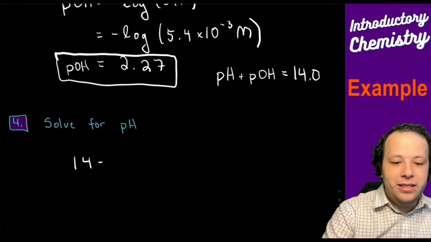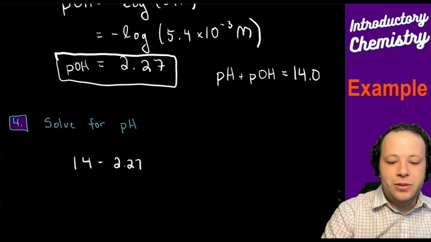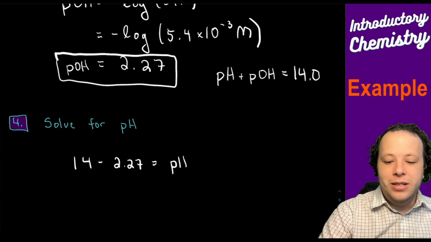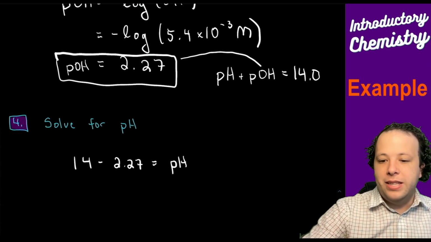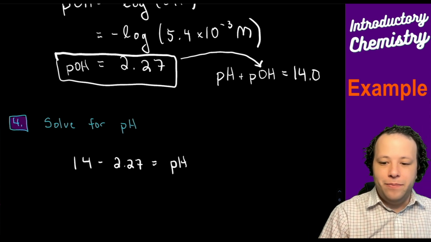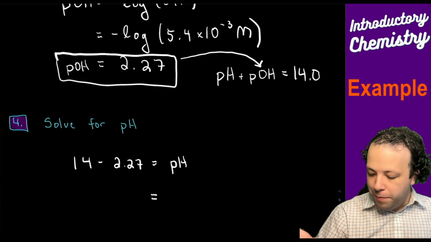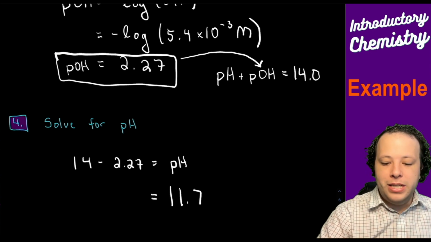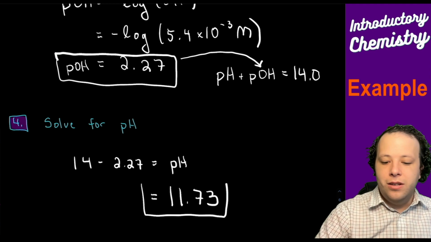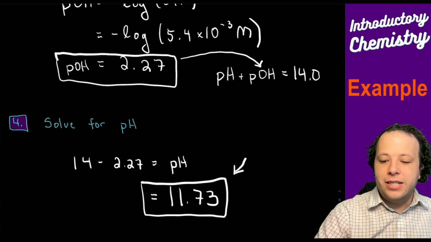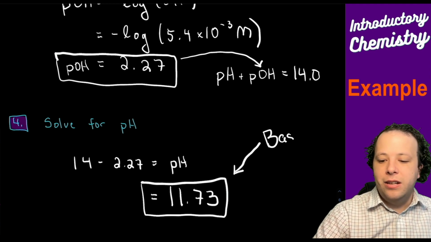So 14 minus 2.27 is going to equal the pH. When we do that, it's going to tell us that our pH is 11.73, which is extremely basic from our values that we have.